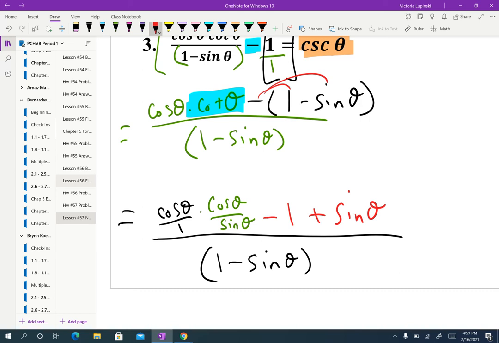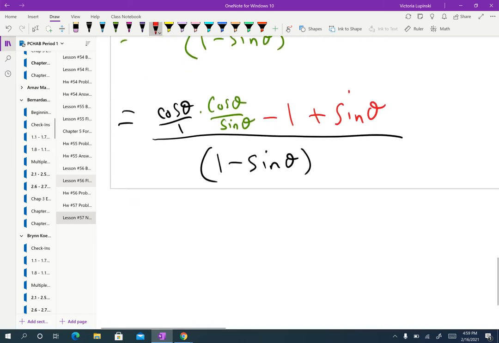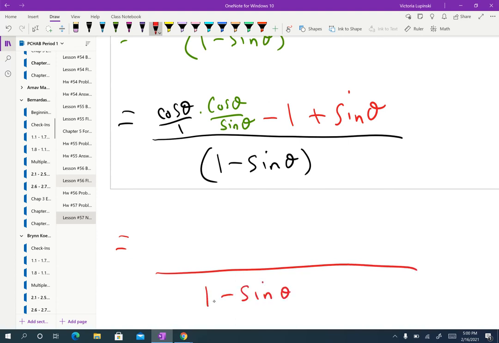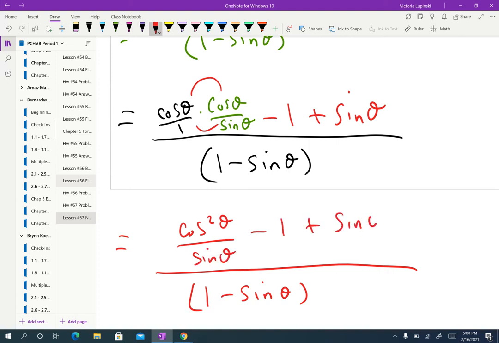So then from here, again, just looking at the numerator, that's really all I'm focusing on at the moment. I'm going to continue to leave the denominator as 1 minus sine. So if I multiply this, I'm going to get a cosine squared of theta over sine minus 1 plus sine theta.